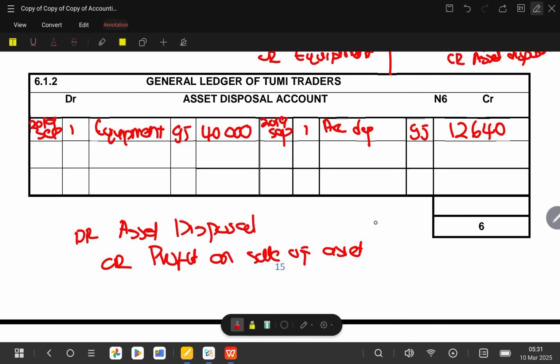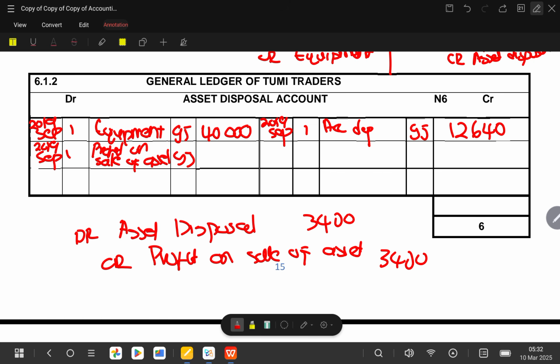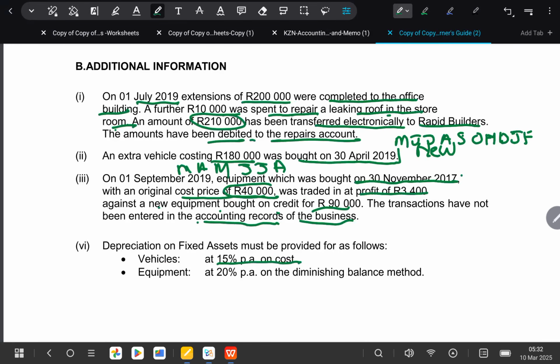So we must come on the debit side of asset disposal and say 2019 September the 1st, then we'll have profit on sale of asset, general, and our amount is 3.4.